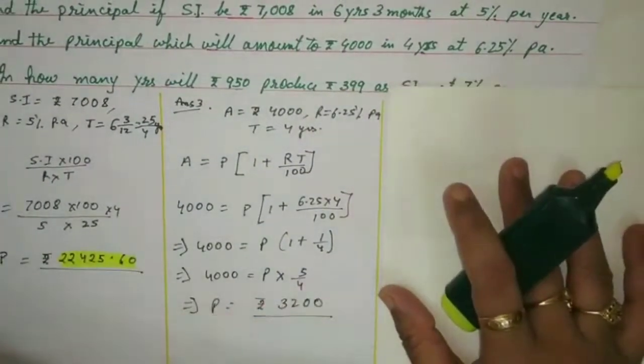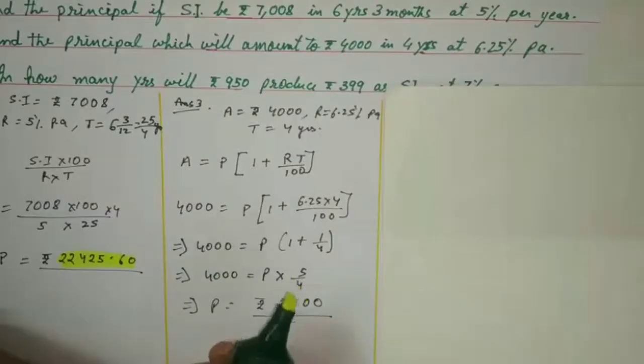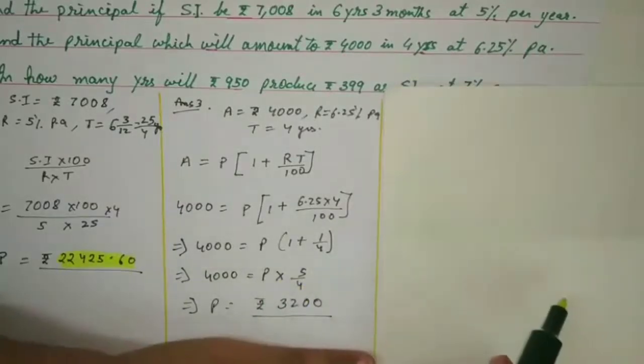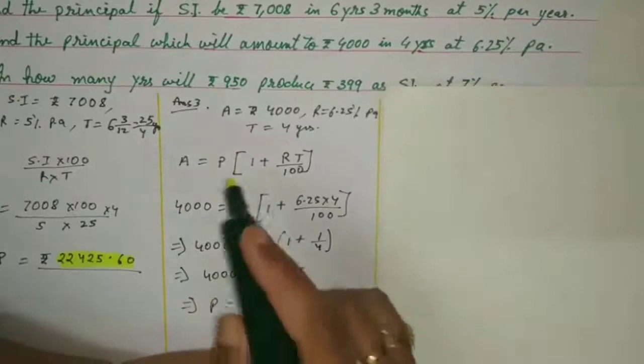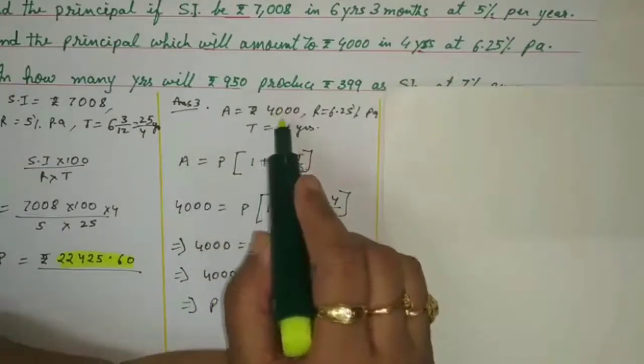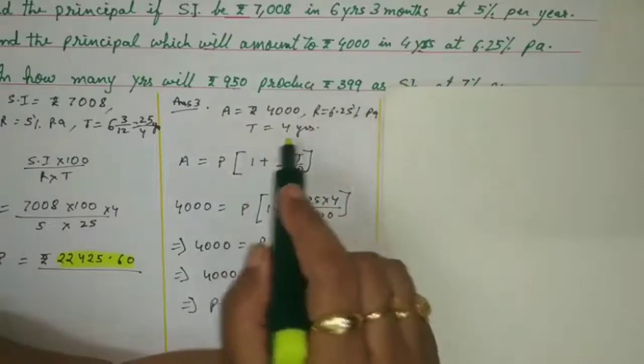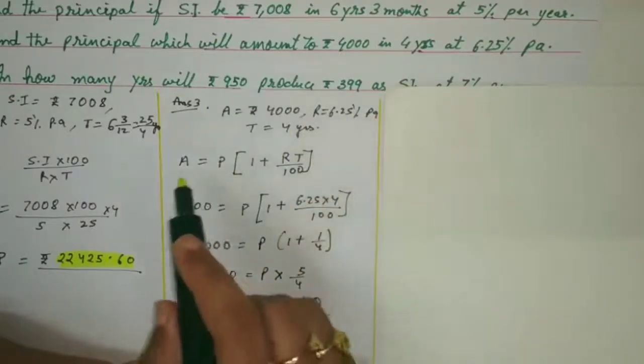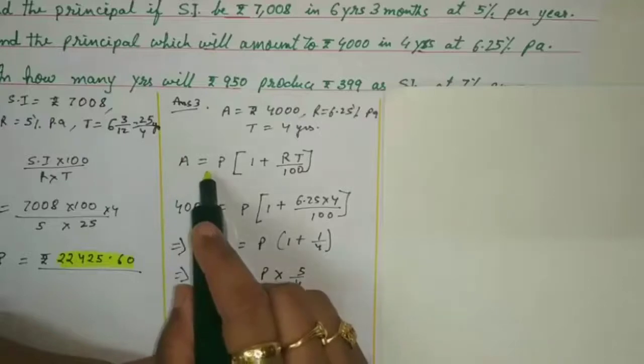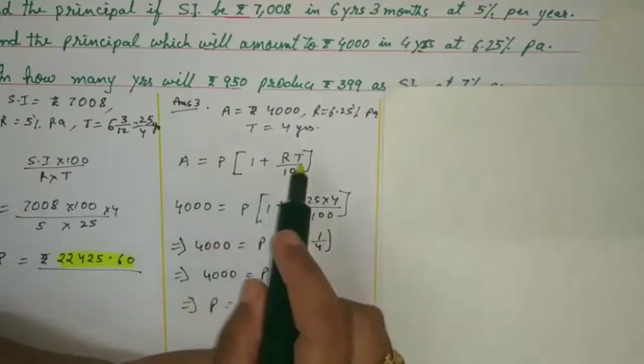So first we write whatever is given to you. Amount rupees 4,000, rate 6.25% per annum, time 4 years. So we know the formula. Amount is equal to P bracket 1 plus RT by 100.